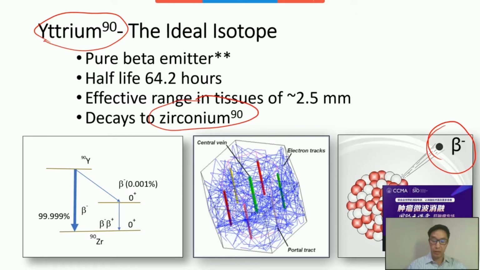And this beta particle is actually just an electron that's emitted as this yttrium-90 breaks down into zirconium. And this is the entire basis of the treatment. So the microsphere, or the particle that the radiation is actually placed on, has nothing to do with the treatment itself.